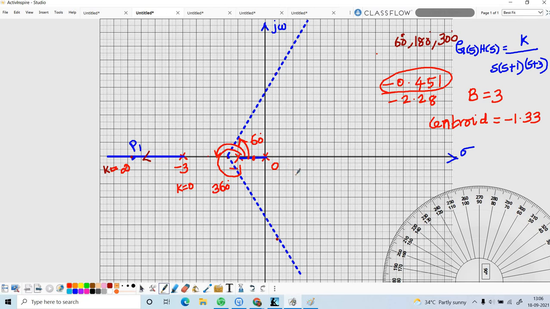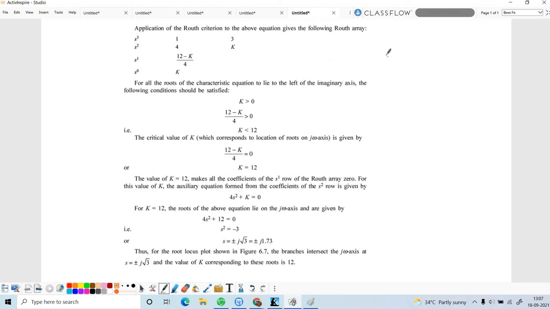After finishing the breakaway point, I am going to find the point where the root locus crosses the imaginary axis. What is the point of crossing of the root locus in the imaginary axis? Okay, next I am going to take the similar equation k plus s into s square plus 4s plus 3 equal to 0.